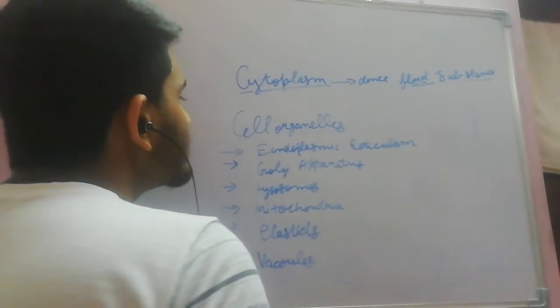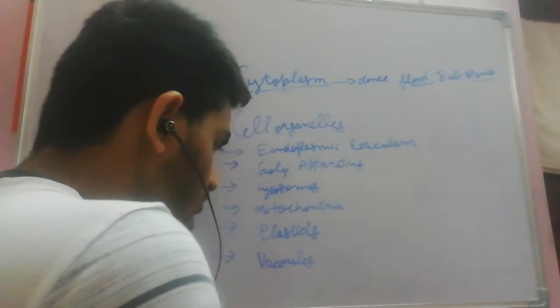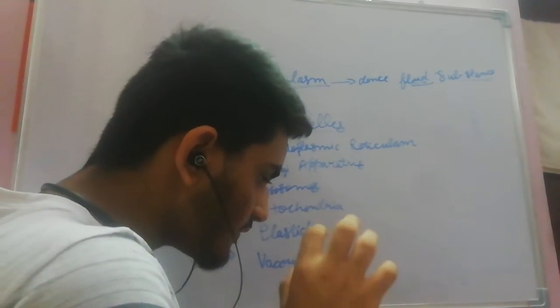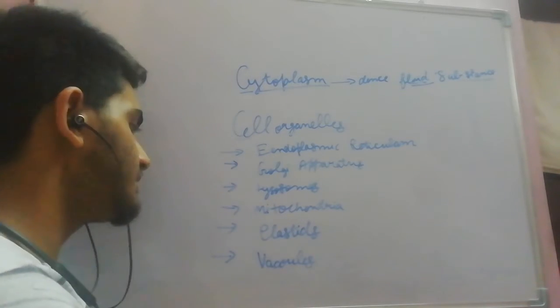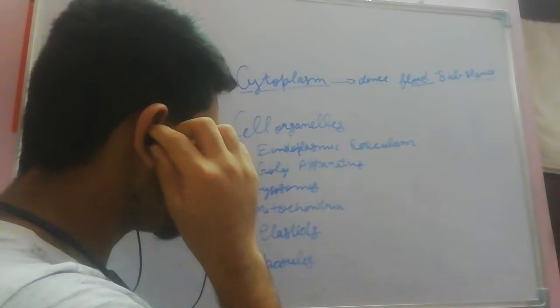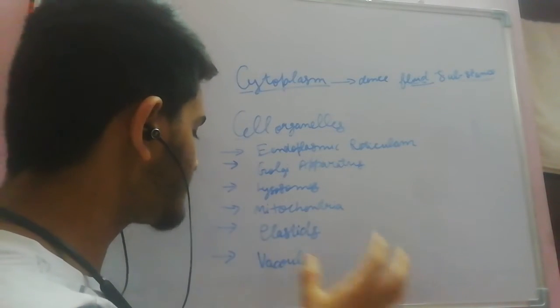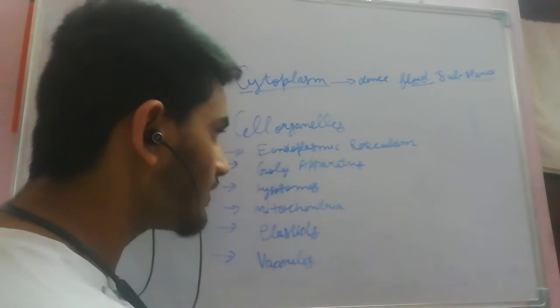Now we talk about the cell organelles. Now, what are cell organelles? You know that there are various types of events happening inside the cell. The waste is reduced in the cell. The waste product of the cell is taken out of the cell.